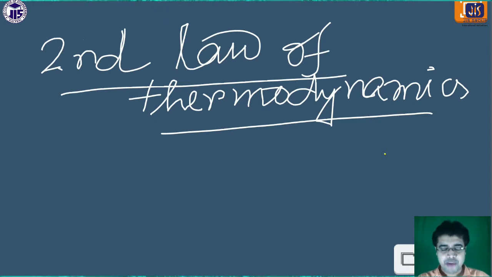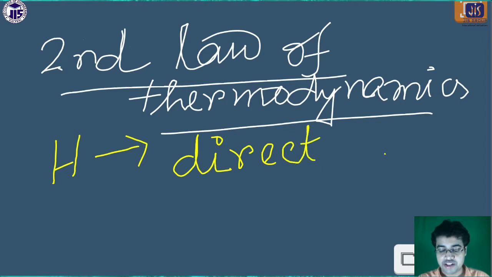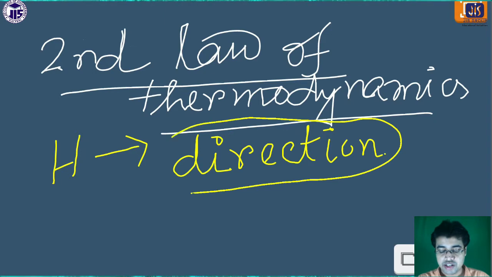I again repeat, the main drawback of the first law is that it mentioned that energy can be converted, or heat can flow, but it did not mention the direction, in which direction heat will flow or energy will be converted. That direction was not mentioned in the first law, and depending on this fact, the second law of thermodynamics came to the field.